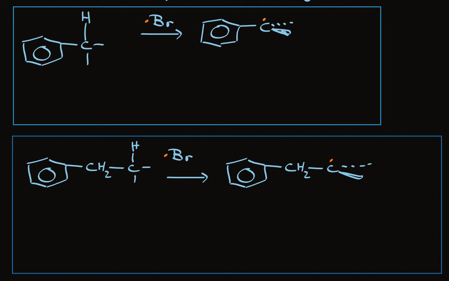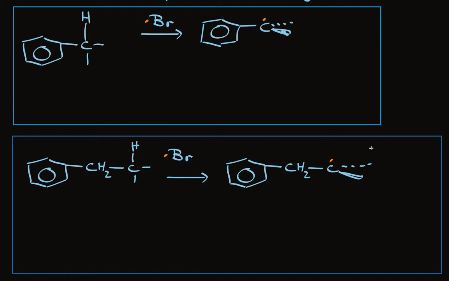We're comparing actually the relative rates of formation of this benzylic radical and some non-benzylic radical. And those rates of formation correspond directly with the stabilities of the radicals themselves. The more stable the radical, the more rapidly it's formed.